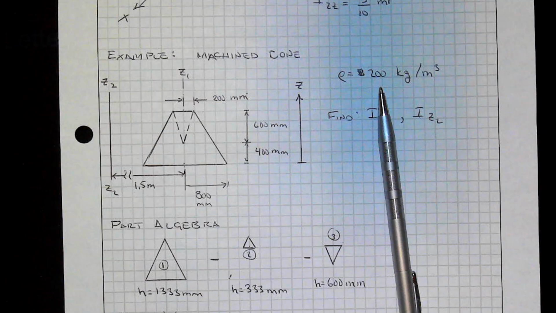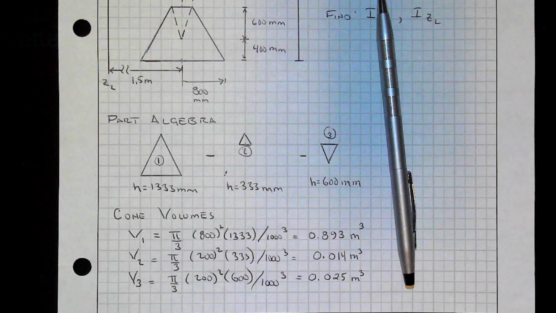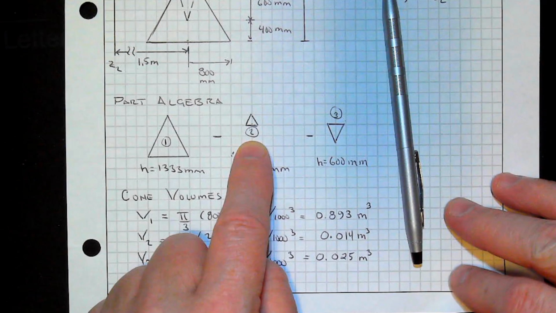My measurements are in millimeters. So picture I had a big cone here coming down. Half of the base is 800 millimeters, so the whole base would be 1600 millimeters. R being 800.